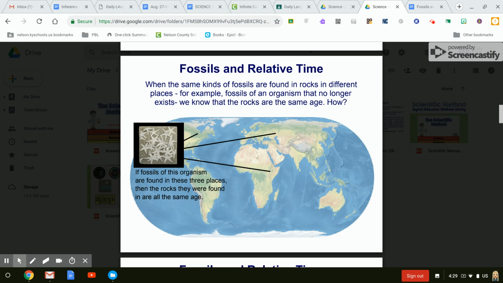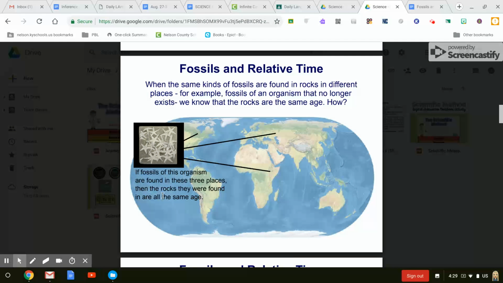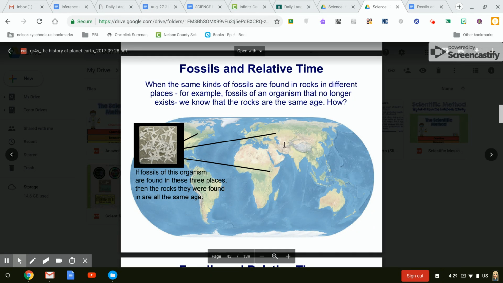So if a scientist were to look deep down into a layer of rock that existed many, many years ago and found fossils of dinosaurs, they would be able to tell that that rock is X amount of years old. So this picture tells us if fossils of this organism are found in these three places, then the rocks they were found in are all the same age.